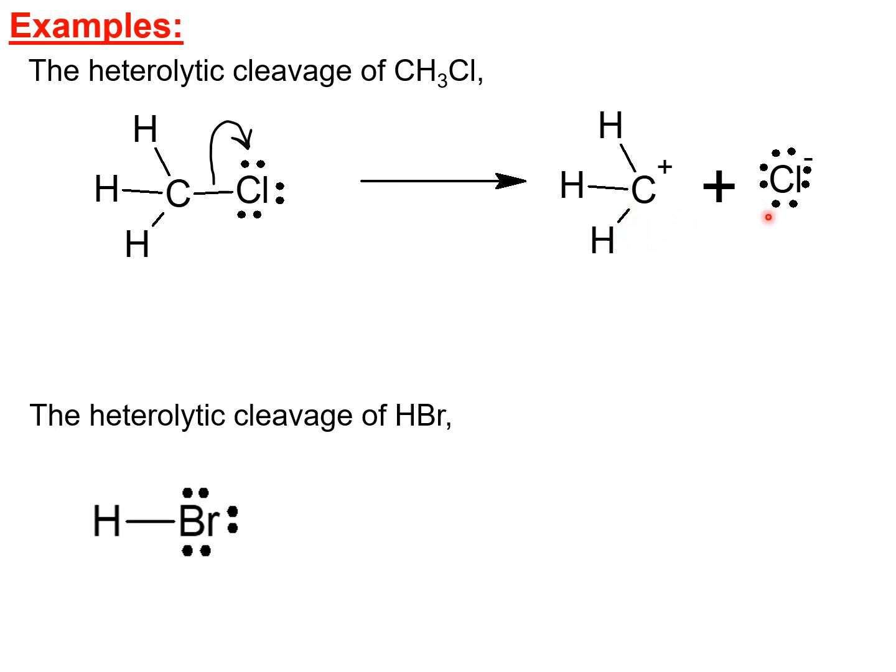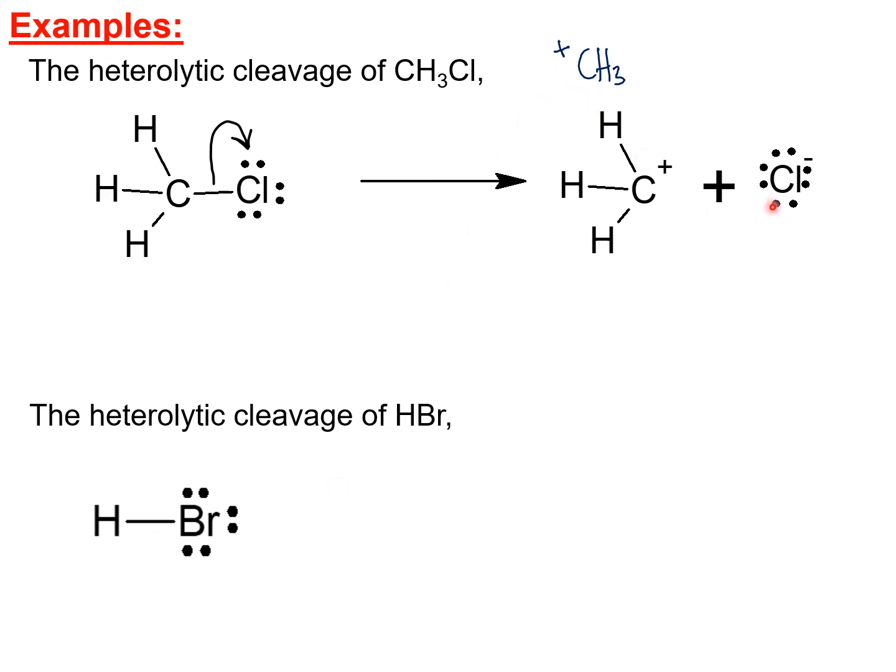Therefore, you akan dapat reaction intermediates cation dan juga anion. Kat sini cation kita ialah CH3+. Okay, di mana carbon ni yang akan dapat the plus sign. Bukan hydrogen tau, carbon ni akan dapat plus sign. Tapi bila let's say you nak condensekan this structure kan, you will get something like this lah, CH3 tapi plus sign tu dekat carbon atom.